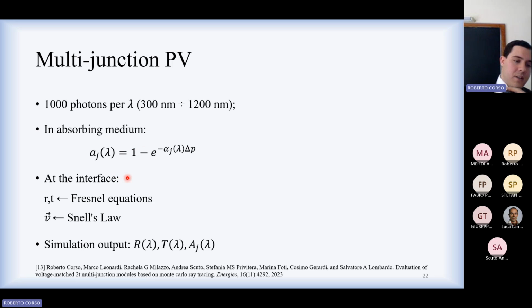And at the interface, we calculate the reflection and transmission coefficients through Fresnel equations. And then by generating a random number, we decide what happens to the photon and update its velocity vector accordingly to Snell's law. Of course, we will need a transmitted vector and a reflected vector. The photon is simulated until it is either reflected away from the very first layer of the system, or is transmitted all the way through the last layer of the system, or absorbed by some of the layers in between.